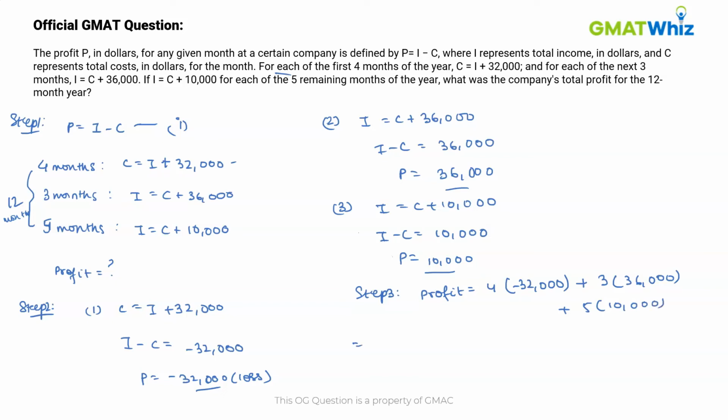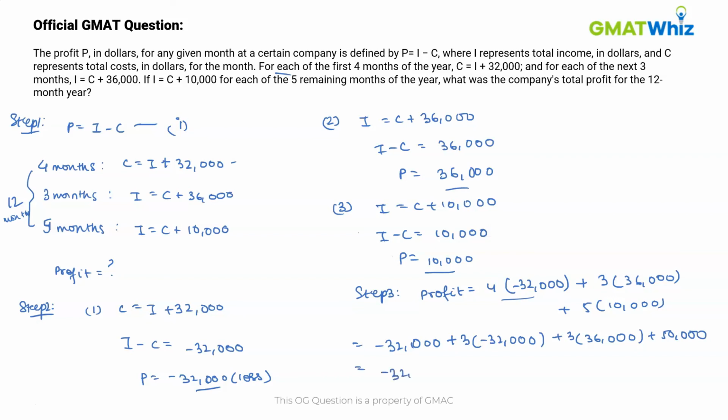Now we can split the first part and write it as minus 32,000 plus 3 times minus 32,000 plus 3 times 36,000 plus 50,000.